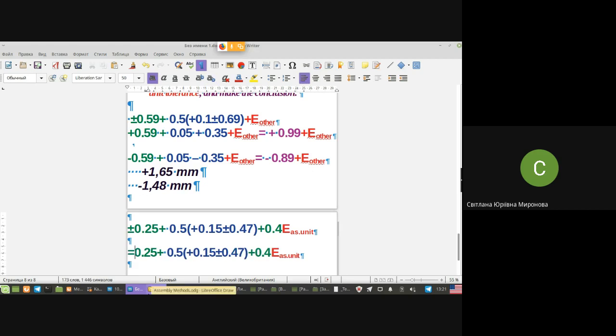Plus 20. My fault. Plus 0.25. Plus, if we recalculate this place, what do we have? Plus 0.75, like this. Plus 0.47.